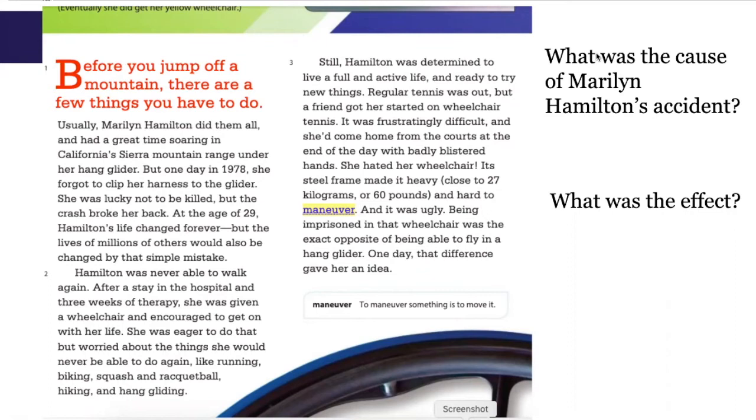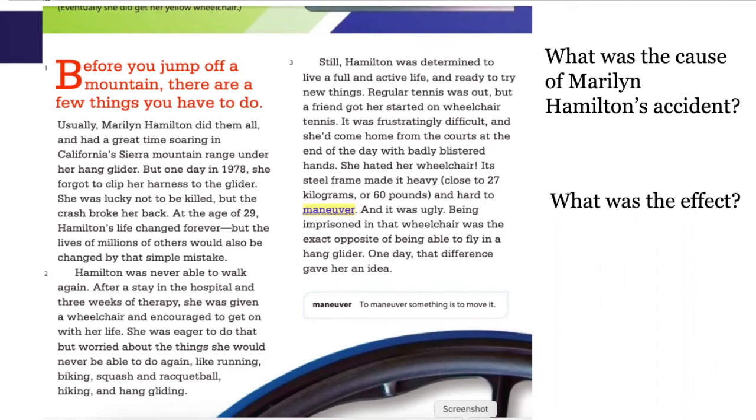But one day in 1978, she forgot to clip her harness to the glider. She was lucky not to be killed, but the crash broke her back. At the age of 29, Hamilton's life changed forever, but the lives of millions of others would also be changed by that simple mistake.